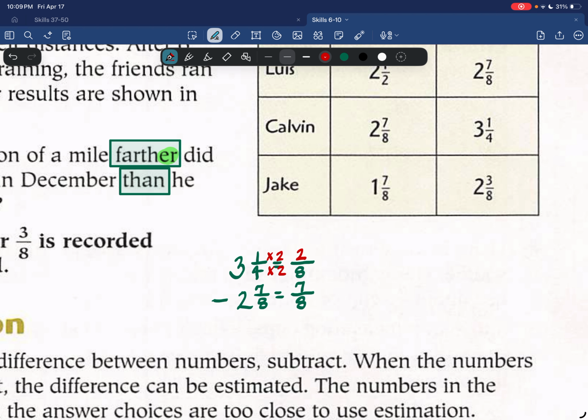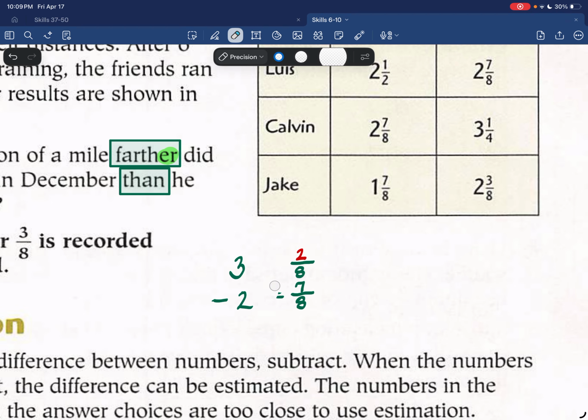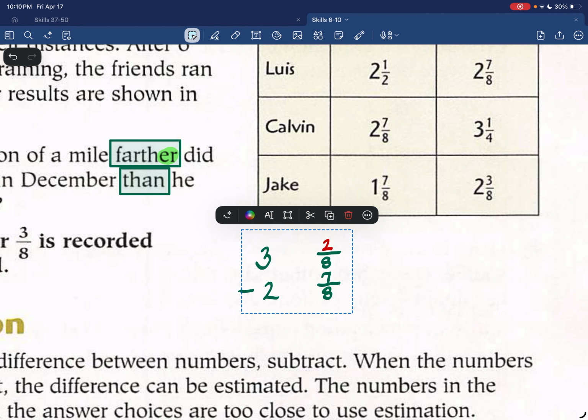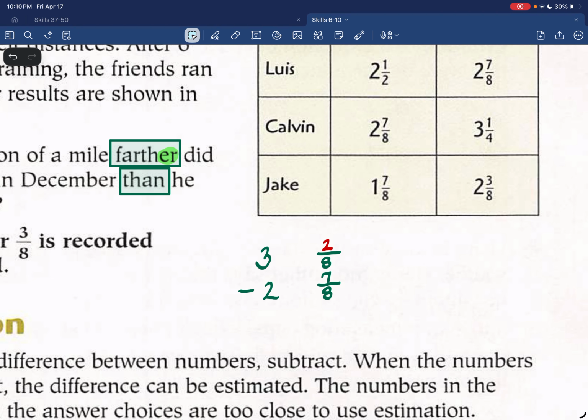So I no longer have to worry about this mess. Here are the two fractions now that I need to subtract.